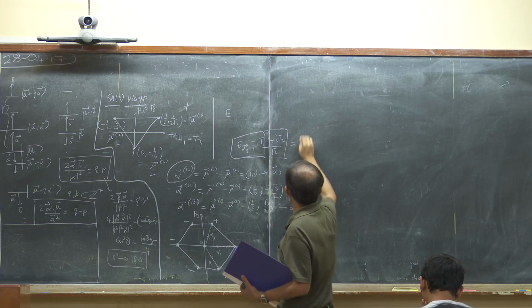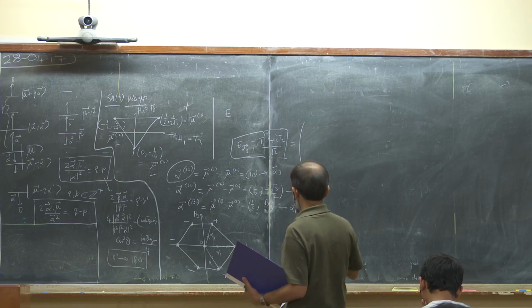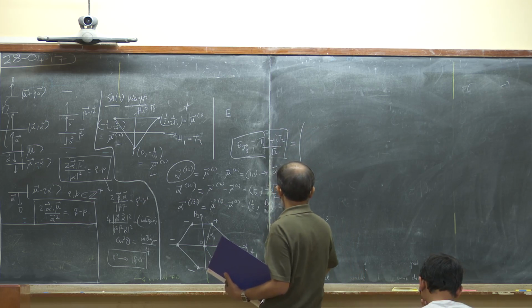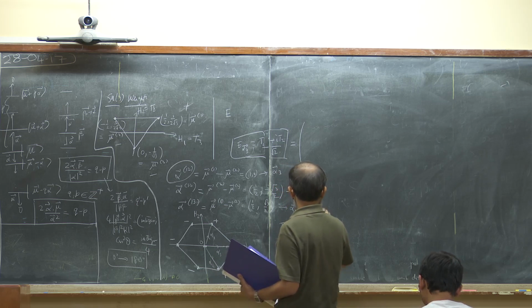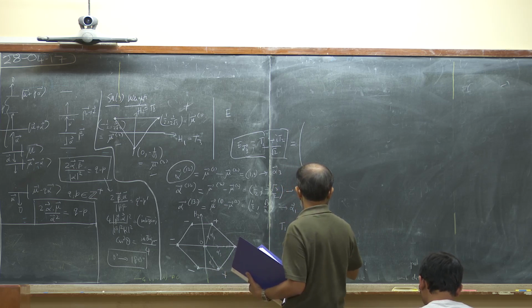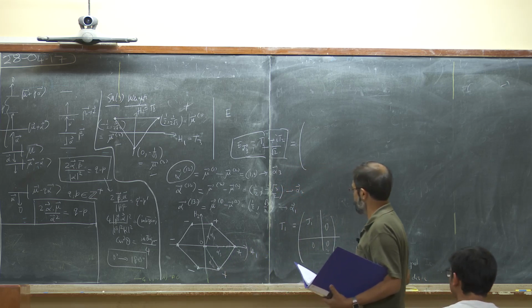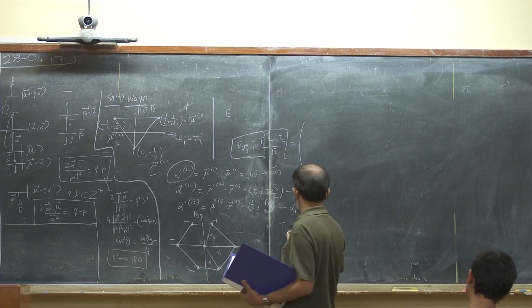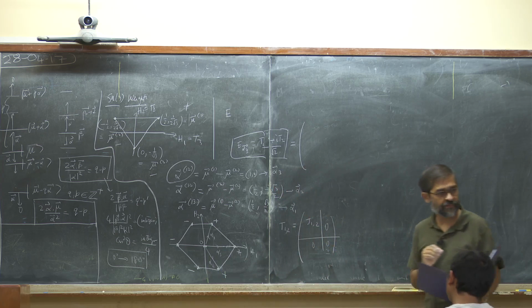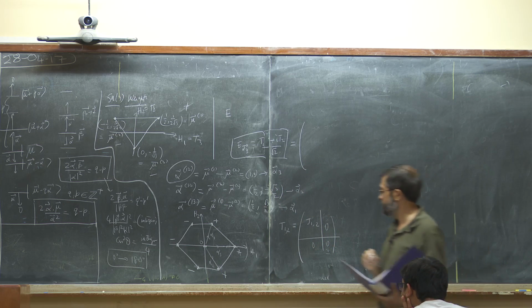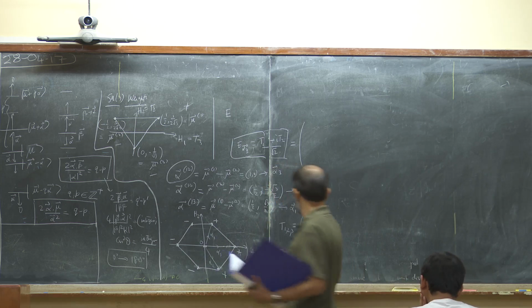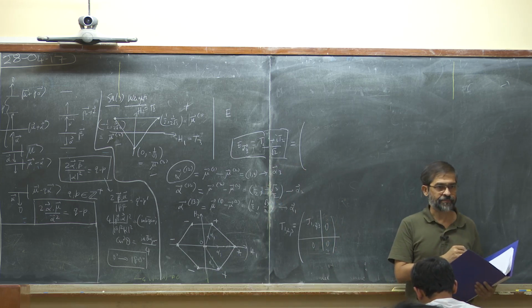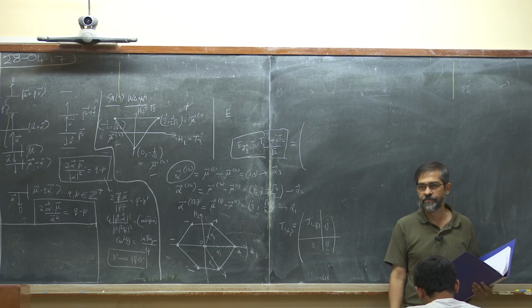So if you remember what T1, T2 were, T1 was something which basically had a J1 sitting here and zeros elsewhere, and T2 similarly had a J2 sitting here, and T3 was also something which was sitting here, and everything else was 0.